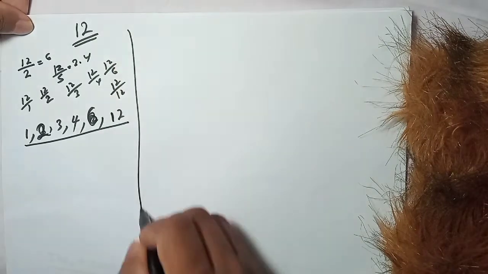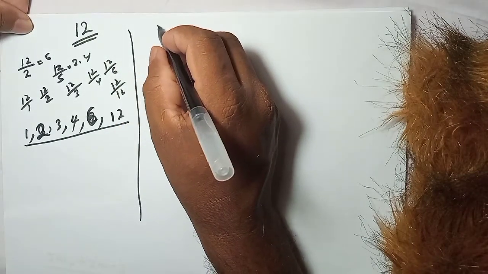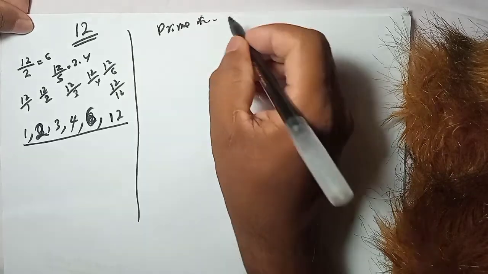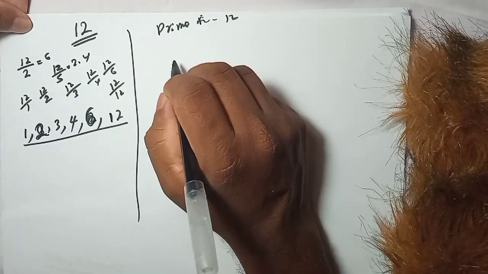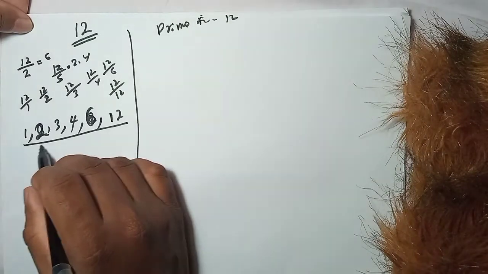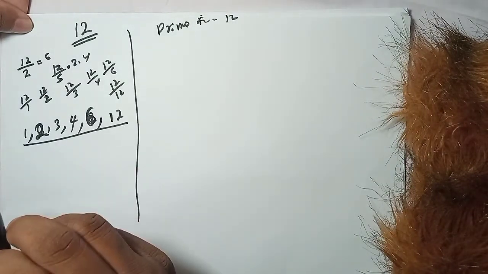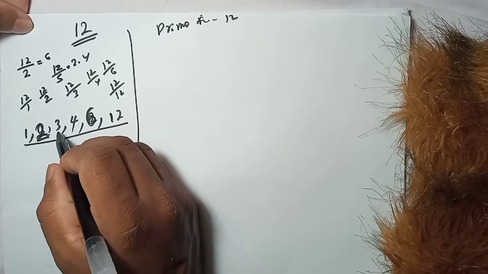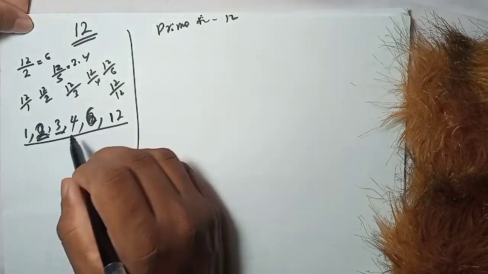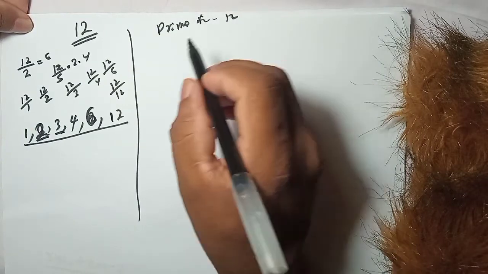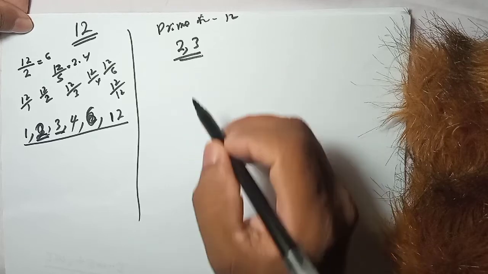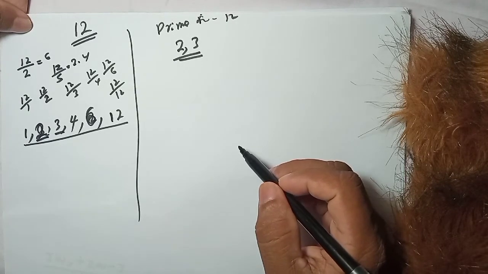Now, what are the prime factors of 12? From these factors, choose which numbers are prime. 2 is a prime number, 3 is a prime number, that's all. So we say the prime factors of 12 are 2 and 3. Try to understand, it's a very simple idea.